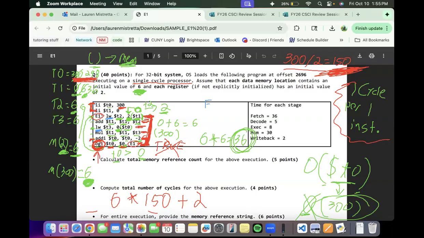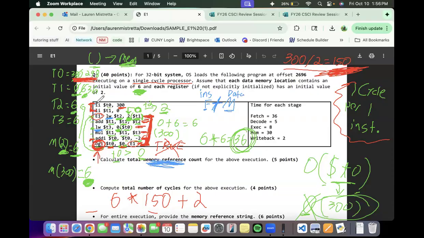Branches, jumps, and R types do not. So the only load words are for this instruction and this instruction. Everything else is just going to fetch. When we talk about memory reference count, we want the number of times that we're in fetch or memory. This is our instruction memory reference count, this is our data memory reference count, and if we add these together, we get our total memory reference count.